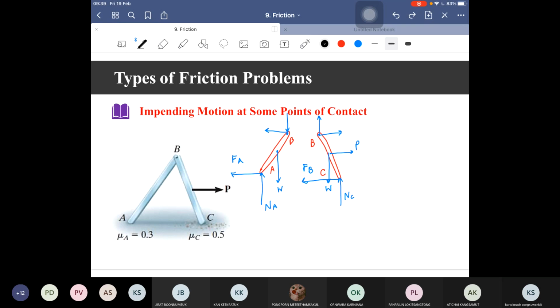Like in this case, it can cause two possible cases.